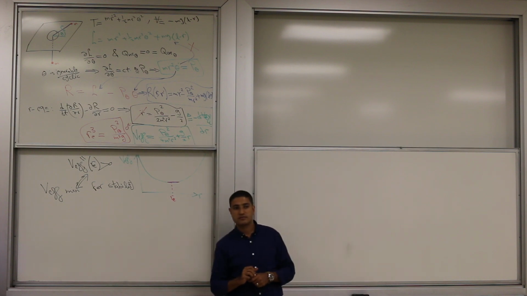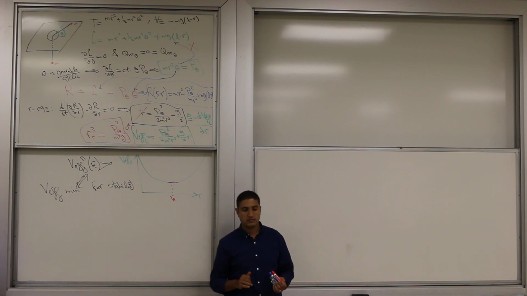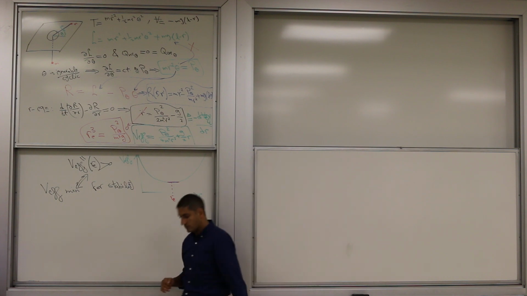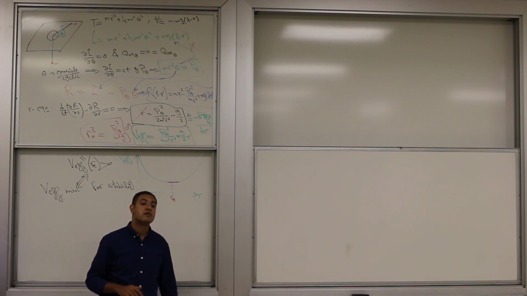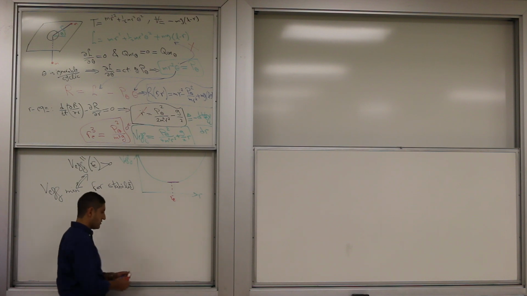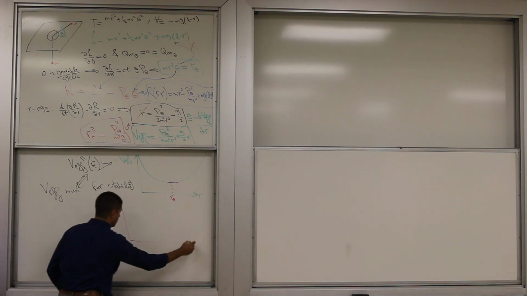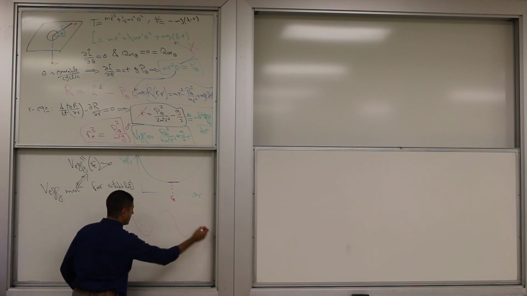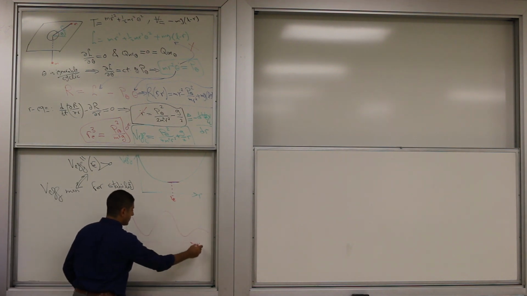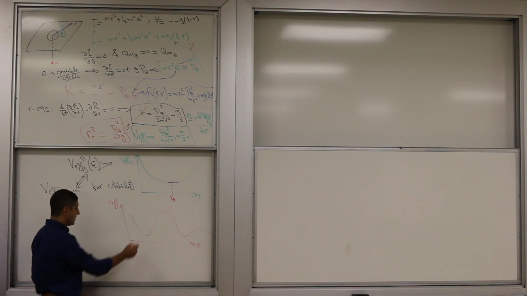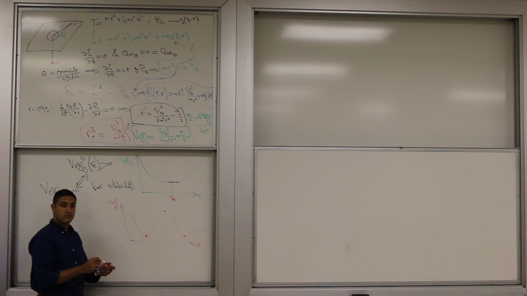Yes, please. If there are multiple values of R for which there can be multiple minima and the global minimum is equilibrium and stable, what does it mean if it is not stable and still equilibrium? Something like this, right? Maybe this is V effective versus any coordinate X or R. This is stable, this is unstable, this is stable, correct?